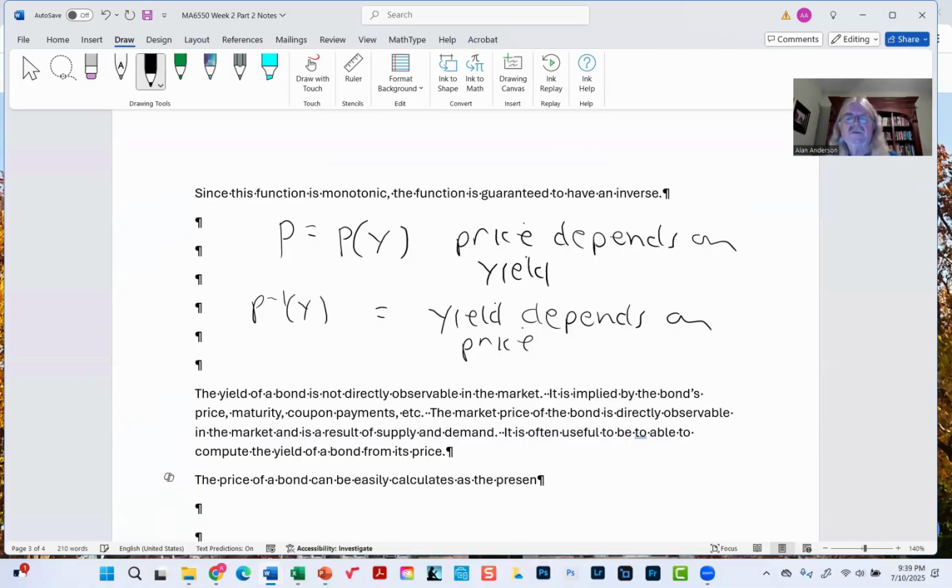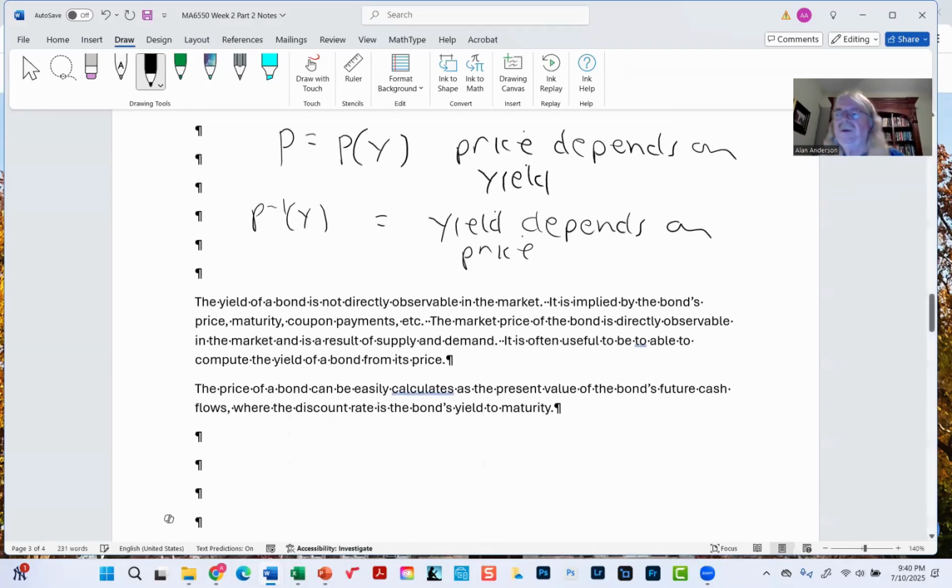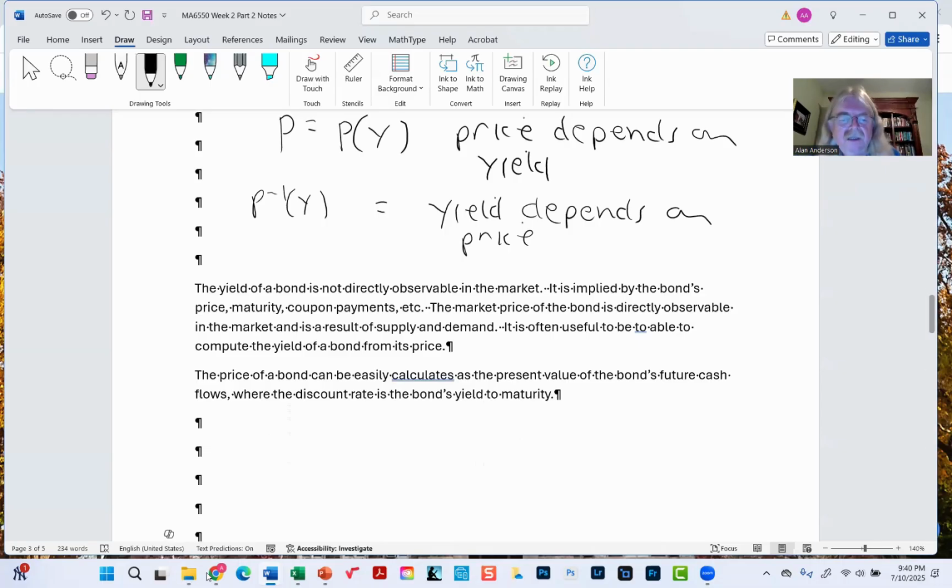as the present value of the bond's future cash flows, where the discount rate, the rate at which we're discounting the cash flows, is the bond's yield to maturity. So remember the way we did this in the slides.